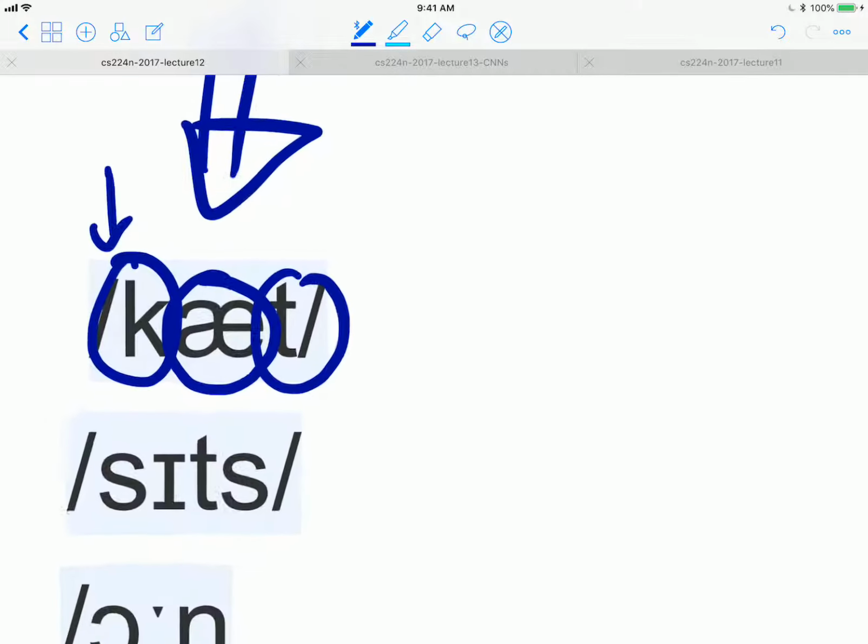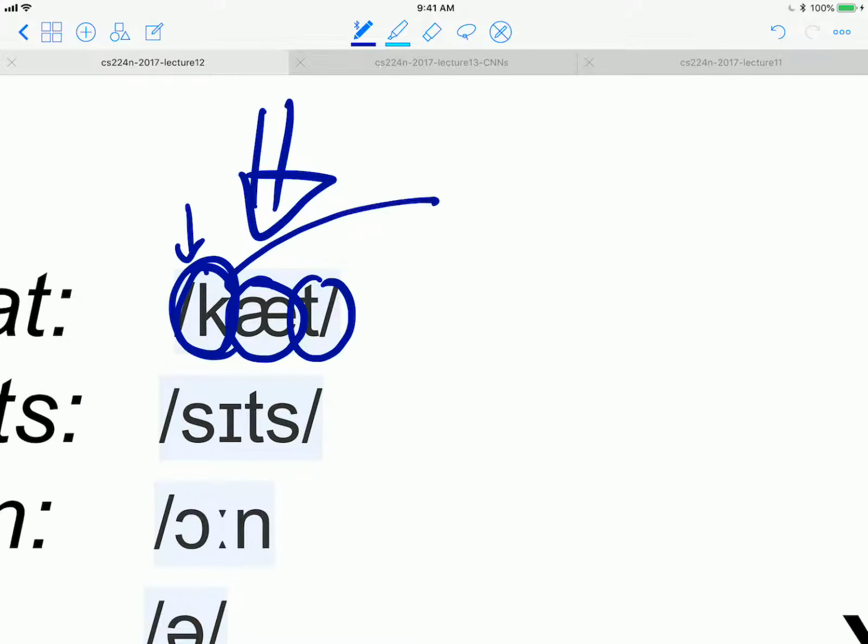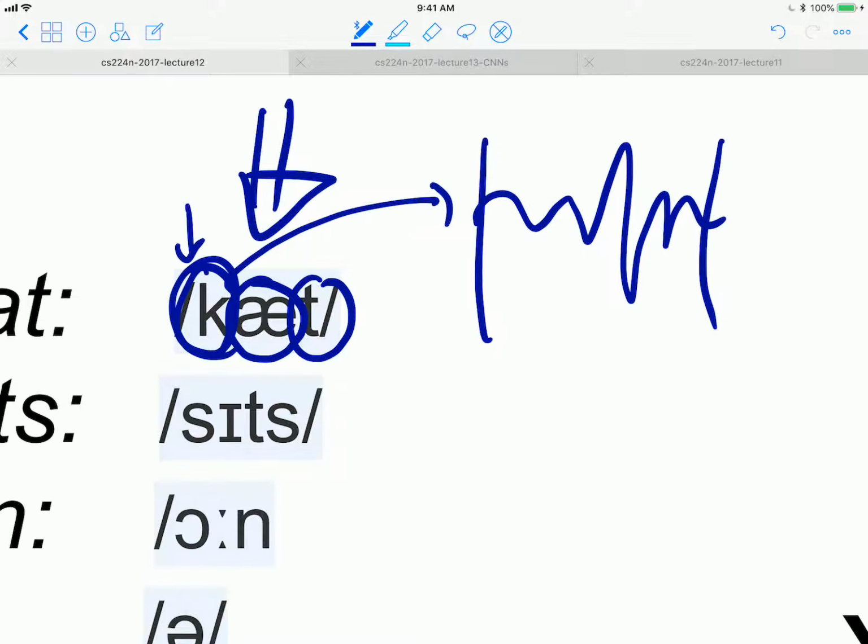Okay, so this k corresponds to some sound signal in this waveform over time as a time series signal, and this a also corresponds to some segment of this waveform.